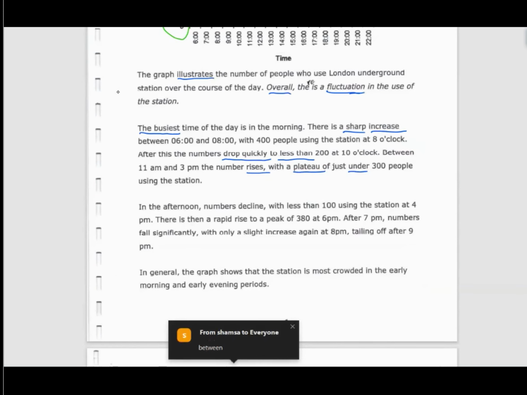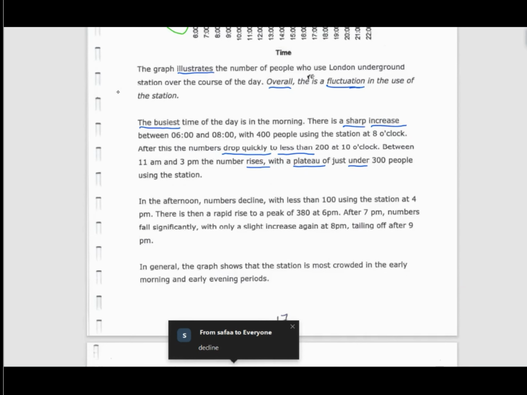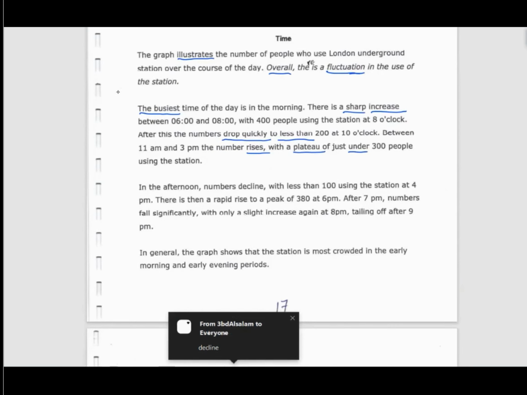A plateau of, like little stability. Okay, in the next one, decline, numbers decline. Less than, again. Rapid rise. Rapid means fast. Slight increase.